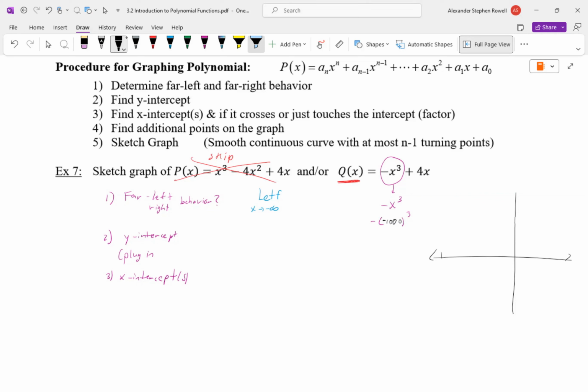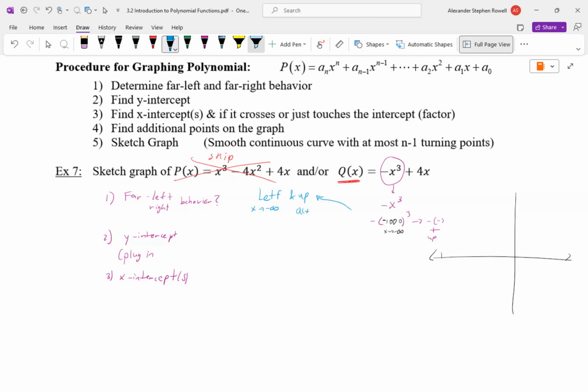So the point is, if I plug in that, this is saying as x goes to negative infinity, is my answer negative or positive? Negative cubed is negative times a negative is positive. So that means we go up. So left and up is the conclusion.